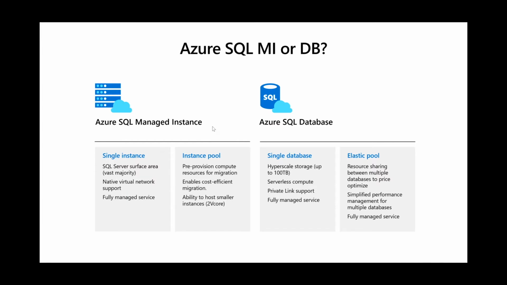You can do the cross database queries, you have your own agent, you can send DBMail, you have the ability to do replication and pretty much all the stuff you were able to do on-prem. But Azure SQL database is, again, you get most of the options, but you don't get very few things. I would say if you do not care about them, then this is the way to go for modern application development. You get serverless compute, you get private link support, and it's, again, a fully managed service.